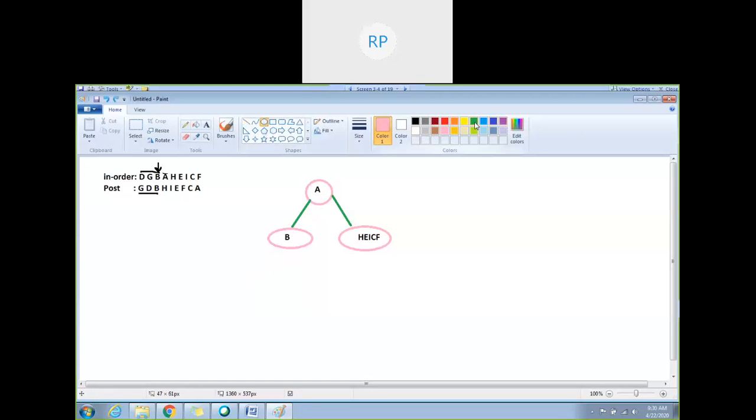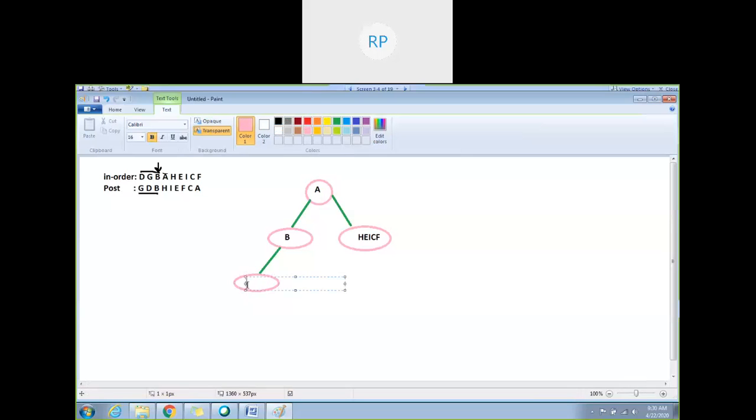So in the left side, I will get both D and G. Correct?